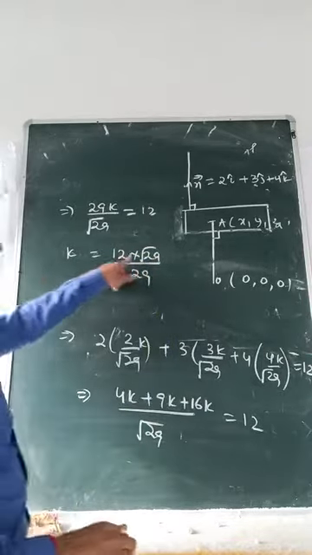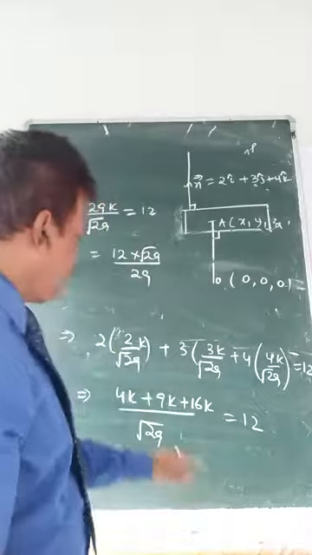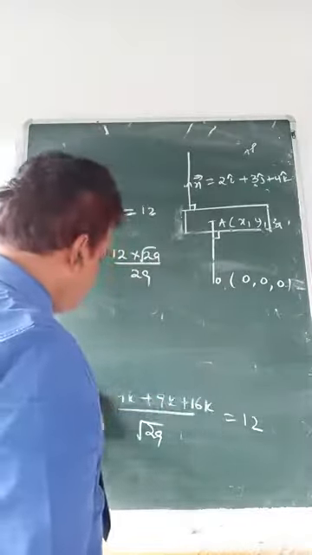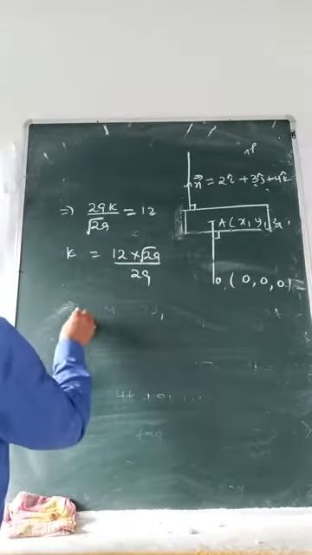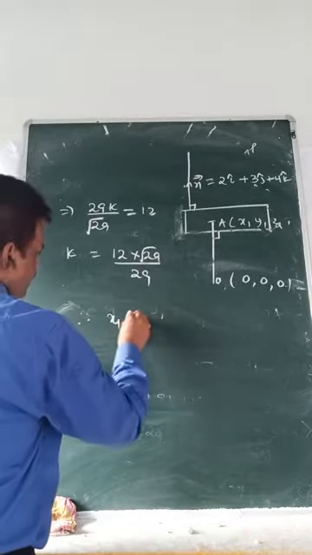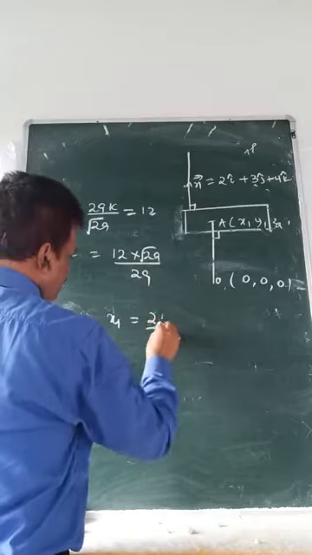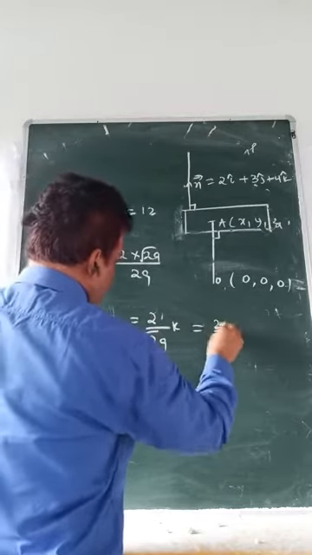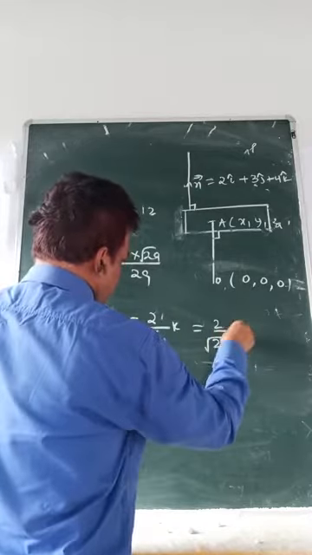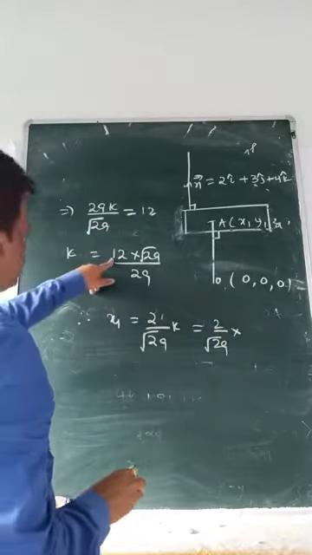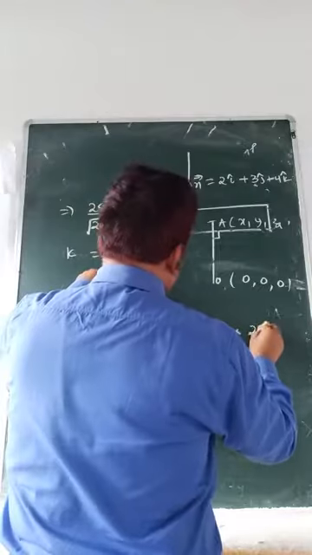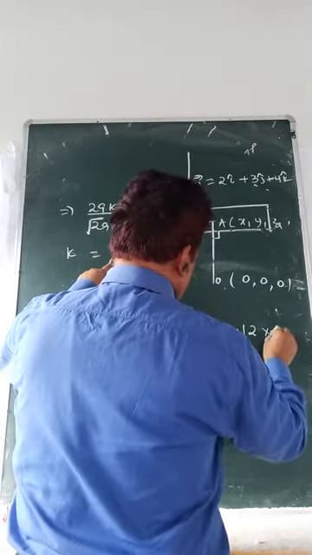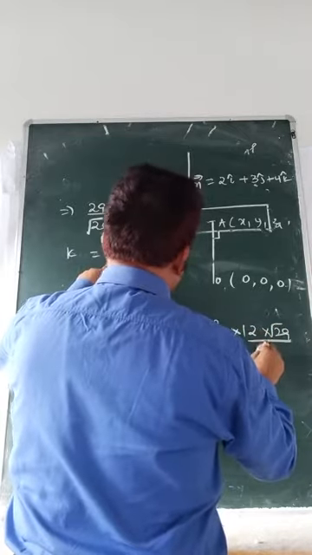You got the value of k now. What do you want to find? x1, y1, z1. Therefore, x1 is 2 by root 29 into k, that is 2 by root 29 into 12 root 29 by 29.